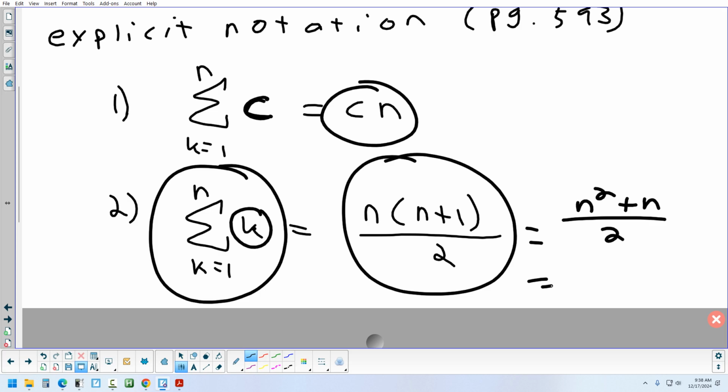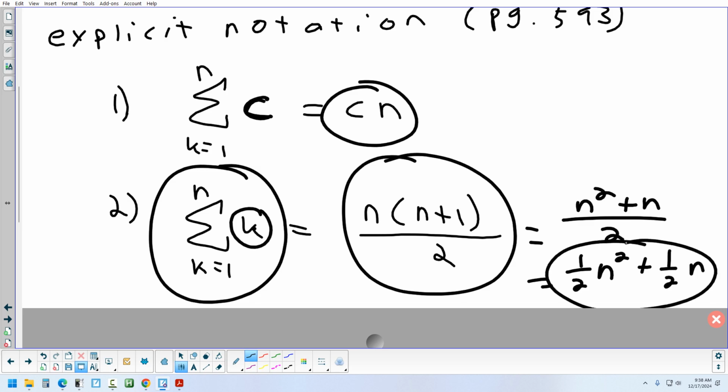Dividing by 2 is the same as multiplying by what? 1/2. So I would say for a lot of the problems that we do, it's going to be more efficient to remember it that way, even though that's exactly the same thing. 1/2 n squared plus 1/2 n. I always remember it as n times n plus 1 over 2, and then if I need to fix it, I just do that out.